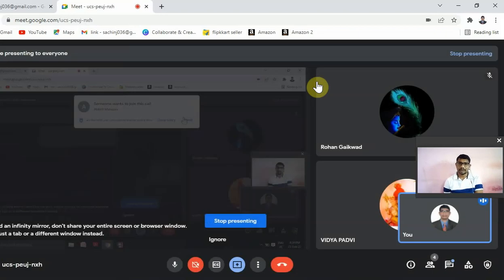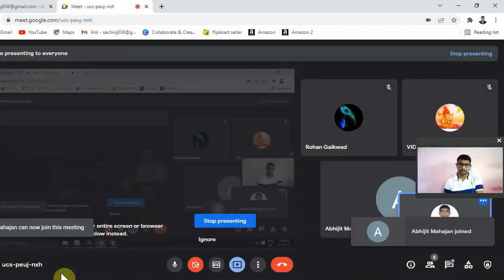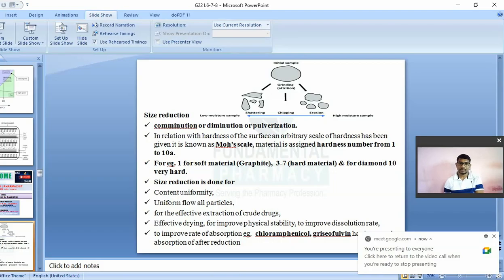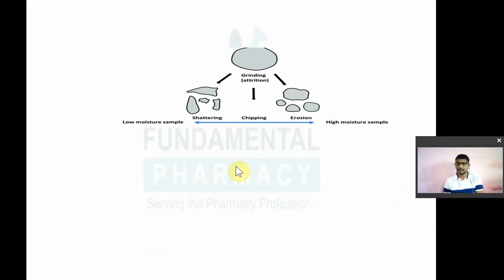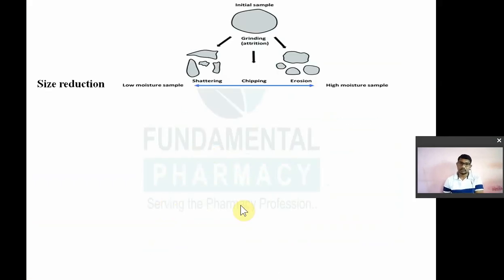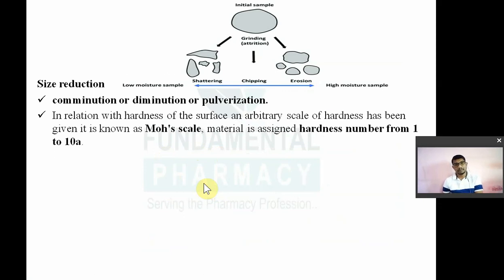Material is given a number 1, 2, 3, 4 up to 10. If material is soft, it is given number 1. If material is very hard, it is given number 10.